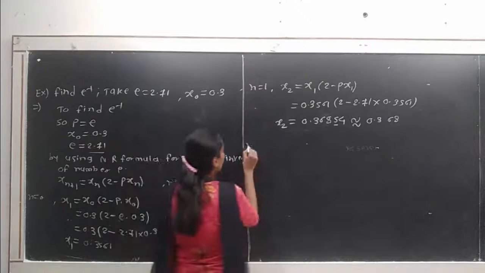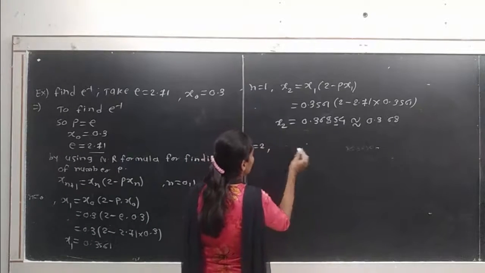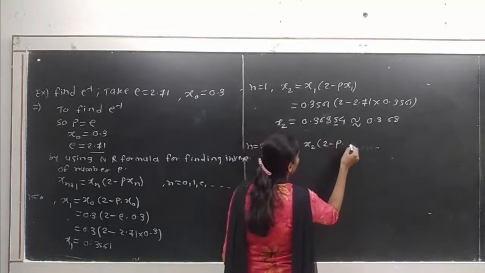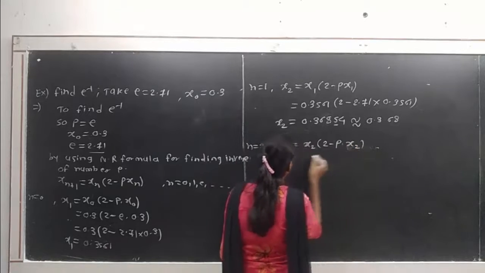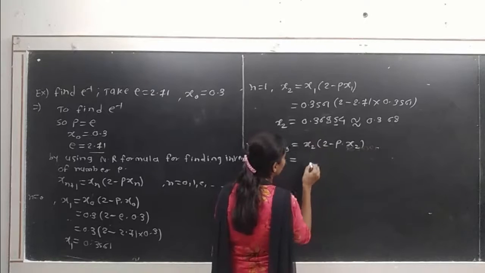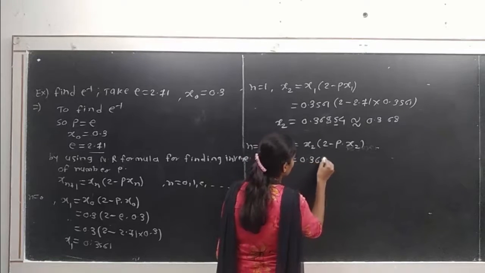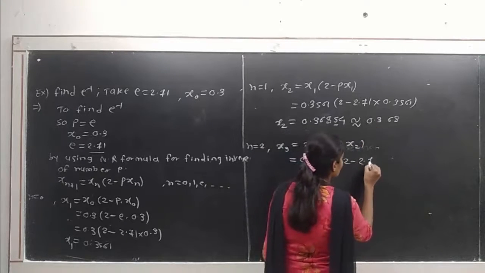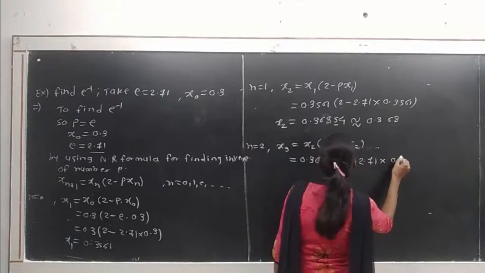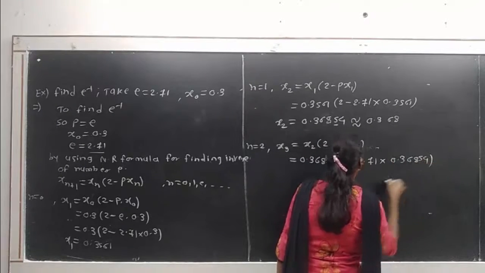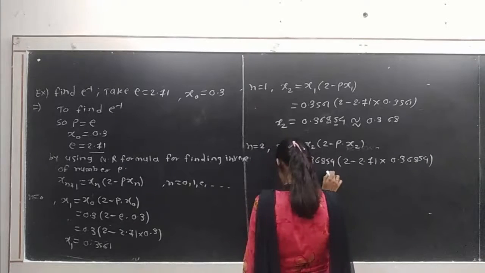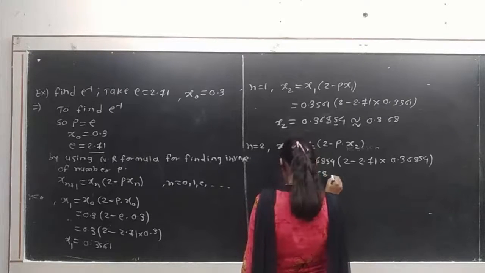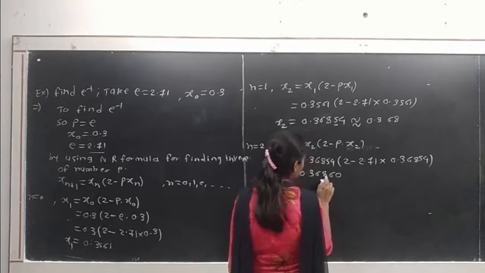For n is equal to 2, we get the next approximation, that is x3 is equal to x2 in bracket 2 minus p into x2. Then we put values here, x2 will be 0.36854 in bracket 2 minus p, that is e, 2.71 into 0.36854. After this calculation we get x3 equal to 0.36860.